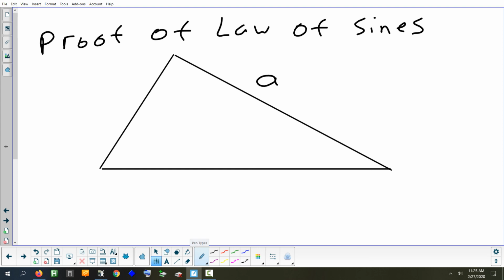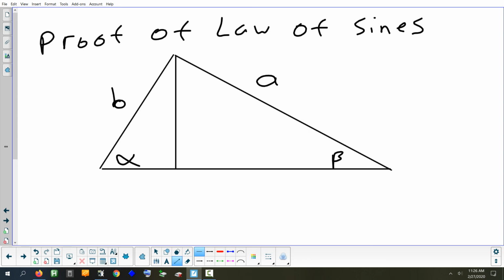Let's call that A. And let's call that alpha. I'm going to call that B. And what would this angle in the lower right be? Beta. I don't need C for what I'm about to do. So I'm not going to label more than I need. I don't need C and I don't need gamma.